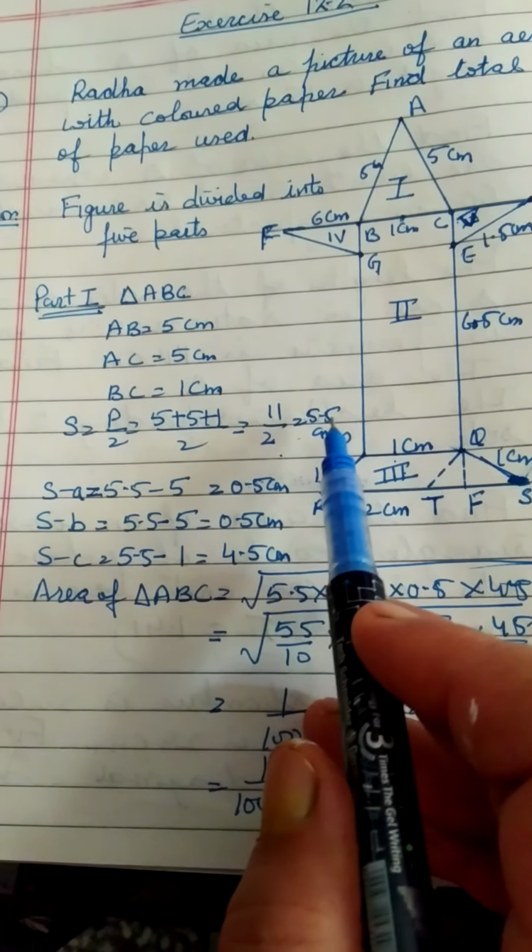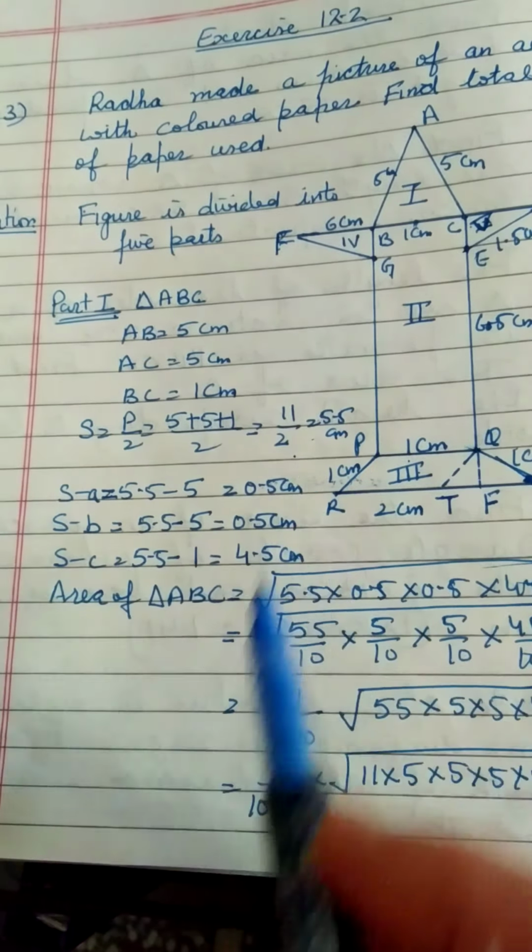It is equal to 5.5 centimeter. Now S minus A is 5.5 minus 5, it is 0.5. S minus B is 5.5 minus 5, it is 0.5. S minus C is 5.5 minus 1 is equal to 4.5 centimeter.